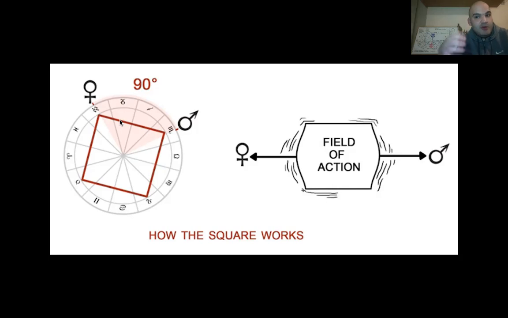So they both want to be the leader, if that makes sense, the cardinal energy. So they're kind of against each other. Whereas if you have a fixed and a cardinal, it's more harmonious because they're different types of energy. So they create a unique energy. Whereas where you have 2 mutable signs or 2 cardinal signs or 2 fixed signs, it's too much of the same energy in that aspect, basically.